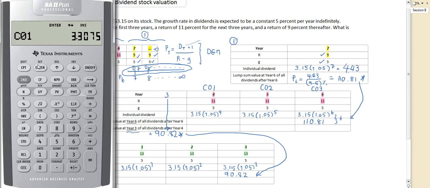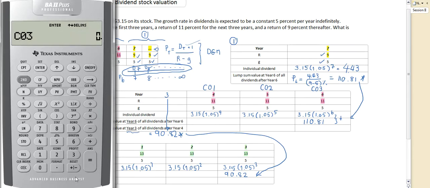Okay, and I enter this as CO1. CO2 will be 1.05 cube, not cube, sorry, square, times 3.15, and enter this as CO2.